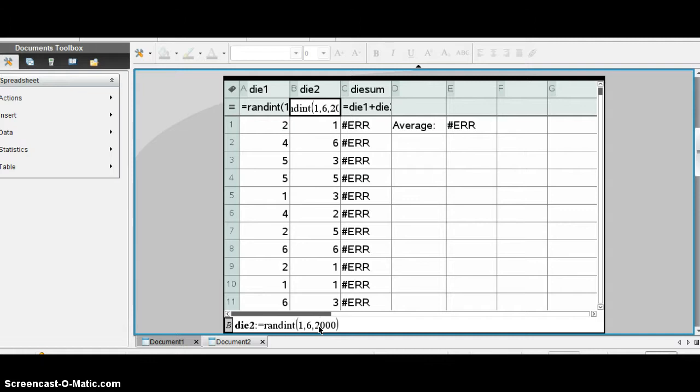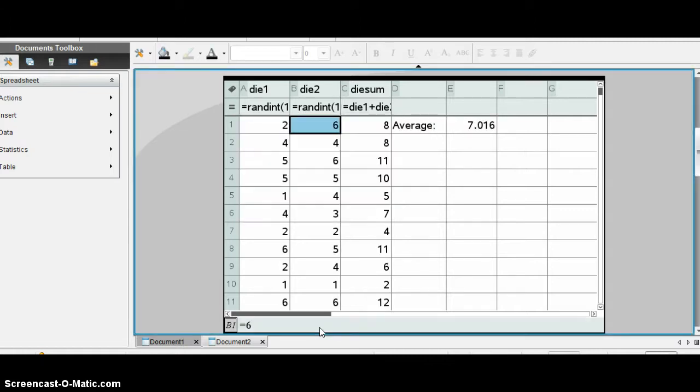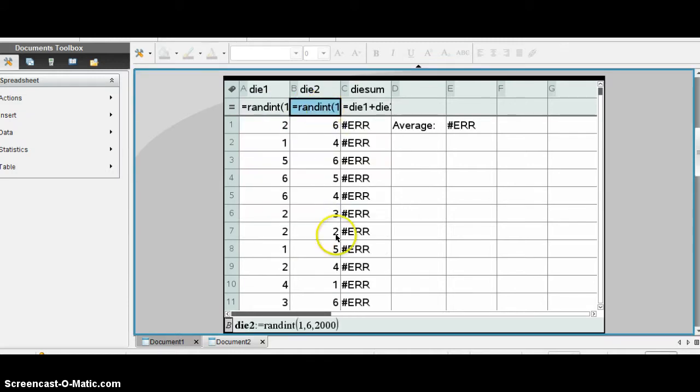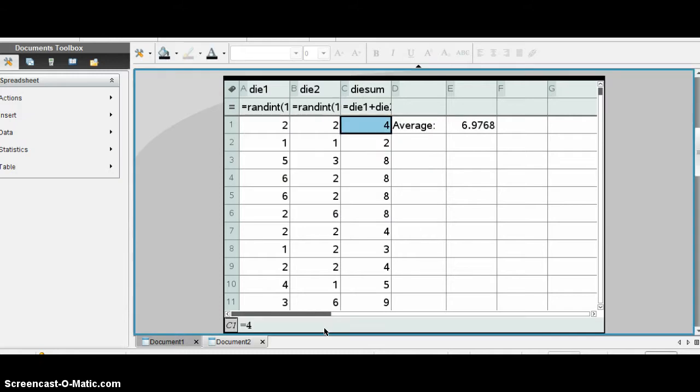Again, watch the average. 7.016. Let's do it one more time for the maximum list length, which is 2,500. Again, I got that error because now I have 2 lists that are of different length. 2,500. Watch the average. 6.9768.